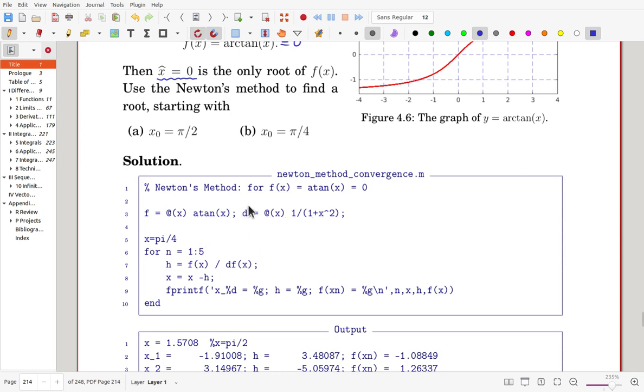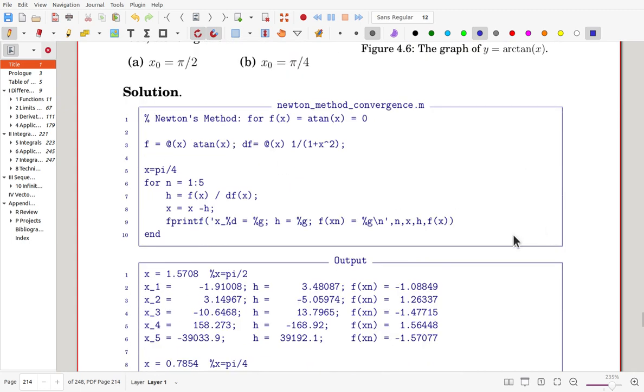So here, the derivative is defined along with the df. Okay, start with now pi over 4. Then let's see 5 iterations. F of x divided by df of x, that is the correction term. Now the correction term is subtracted to get the new update, and we try to print out along with pi over 4 and pi over 2.